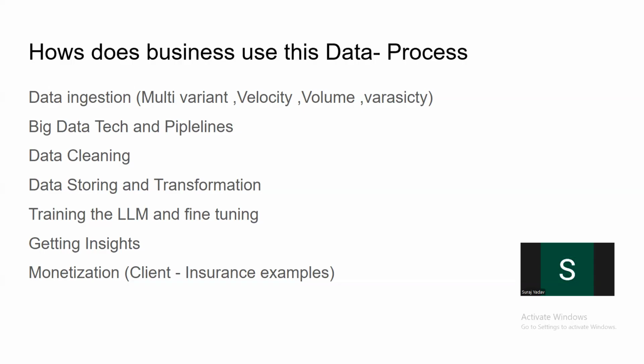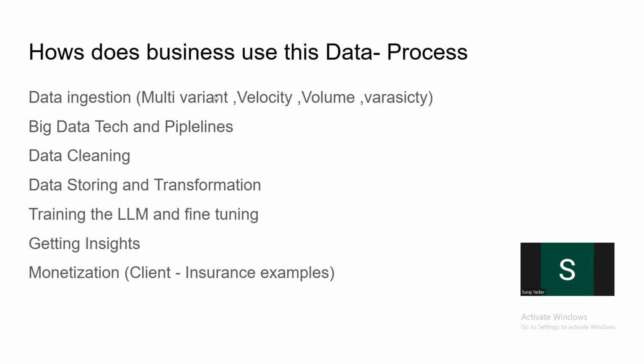This way each company will have their own business use cases, but before that they need to get the data. That's the data ingestion part: different types of data, not just text but audio, video, web-scraped data, all unstructured, and they make it into structured data.